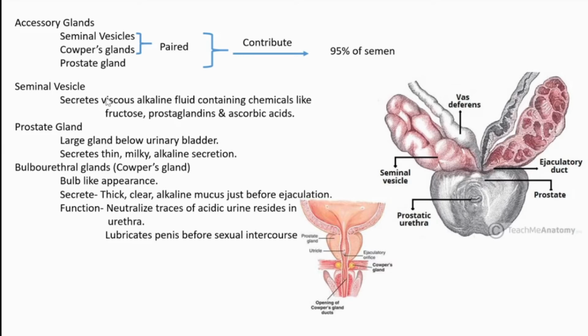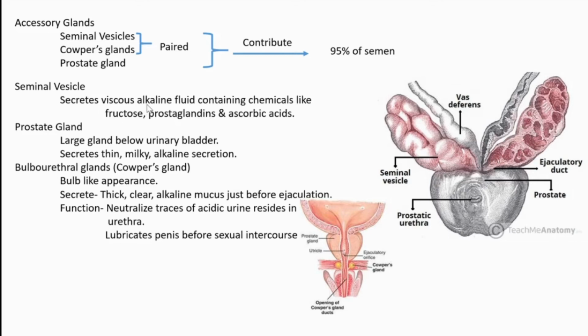Okay, so seminal vesicles are paired glands seen on either side of the lower side of the urinary bladder. The urinary bladder is located in this position, and on either lower side of the urinary bladder this gland, the seminal vesicle, is present.